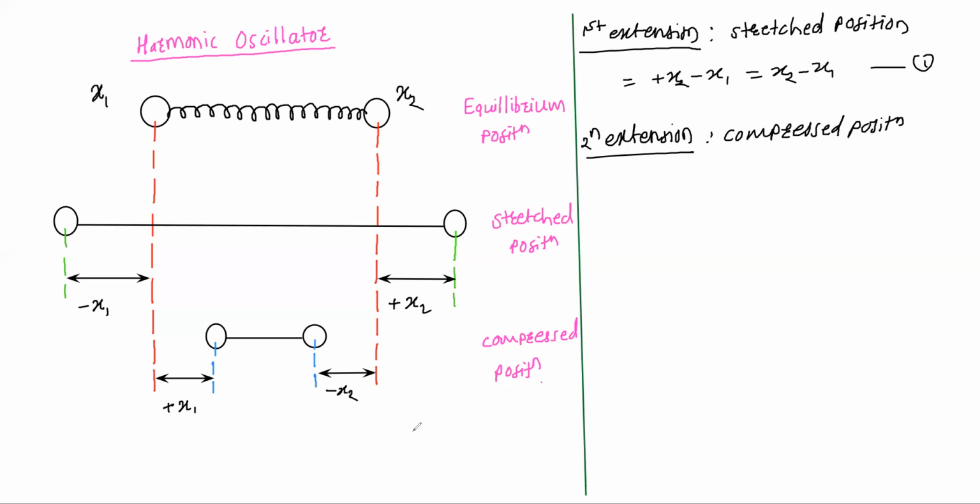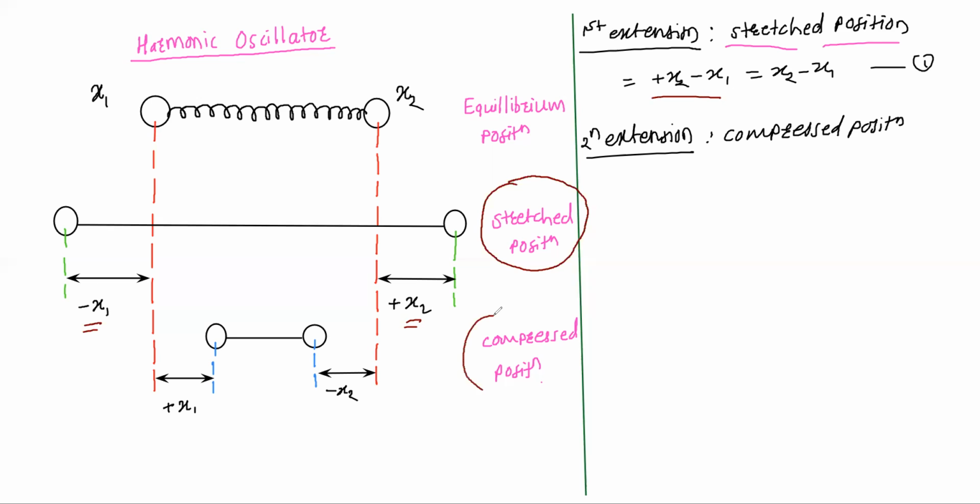So in the stretch position, we can see the signs of x1 and x2. Here x1 is minus and x2 is plus, so we can simply write down plus x2 and minus x1.